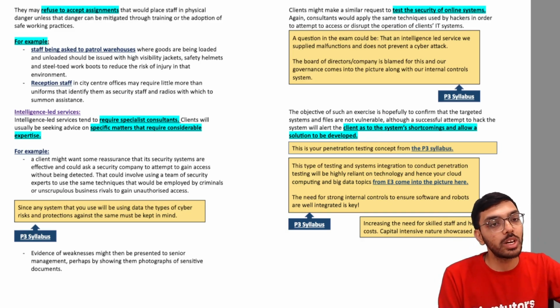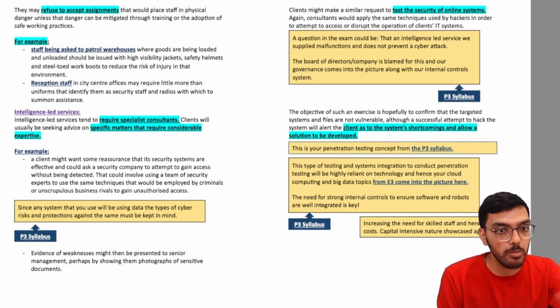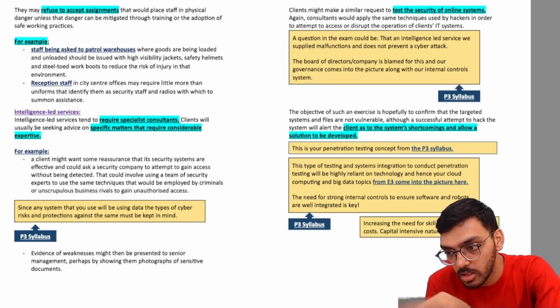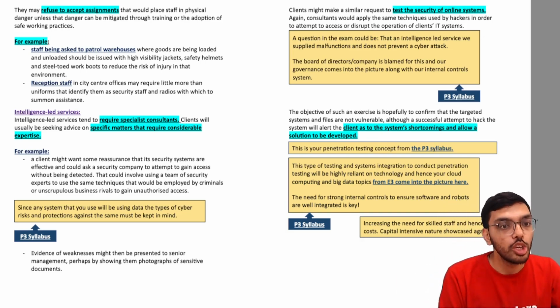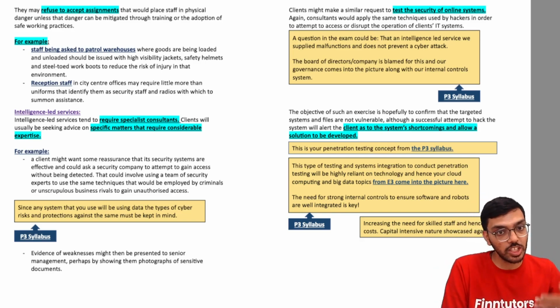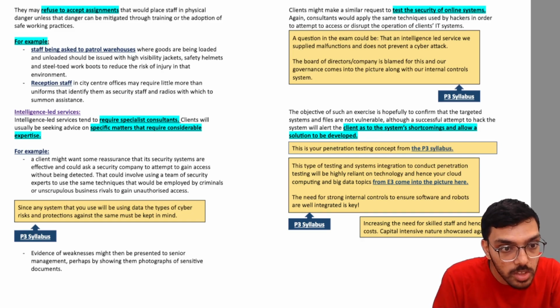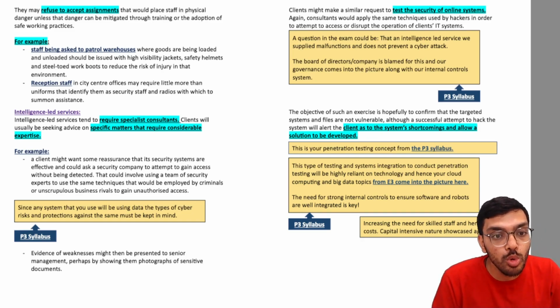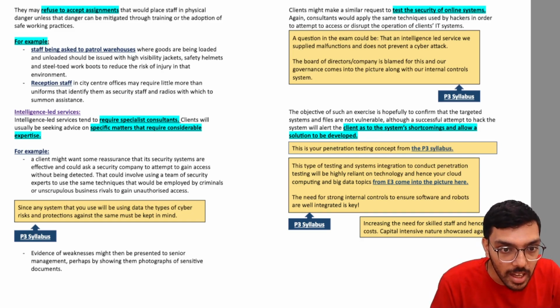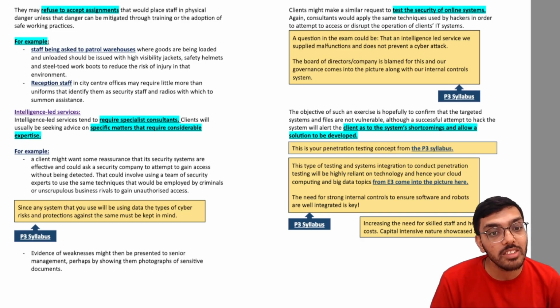If somebody comes to you and tells you, okay, check my cyber security framework or check my website security, you need to have those experts within your organization who can provide this, right? So this is an expert field. Since any system that you use will be using data, the types of cyber security risks and protections against the same must also be kept in mind.